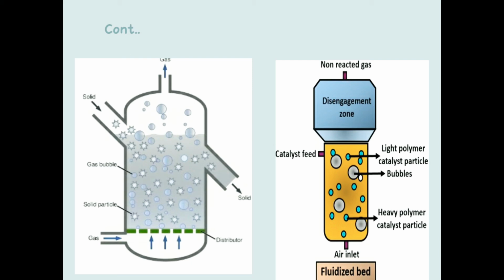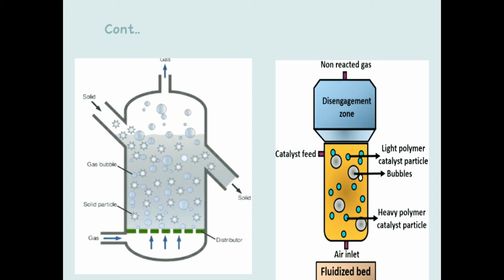It consists of a vertical cylindrical vessel containing fine solid catalyst particles. The fluid stream is introduced through the bottom at a rate such that catalyst particles are suspended in the fluid stream without being carried out.